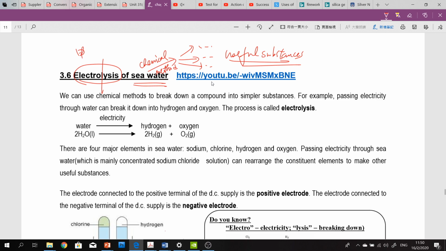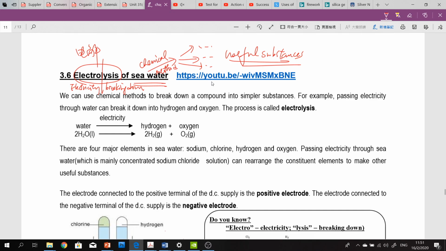Electrolysis, Chinese, 電解. So what is that? You split the word into two. Electro means electricity. Lysis means breaking down. So based on the Chinese words or maybe English words, you may know that you are going to break down something into simpler substances.